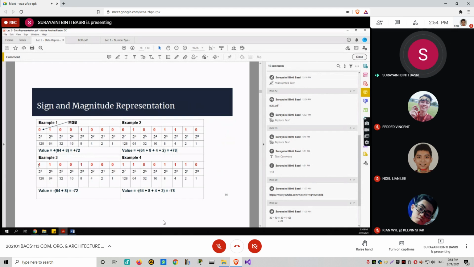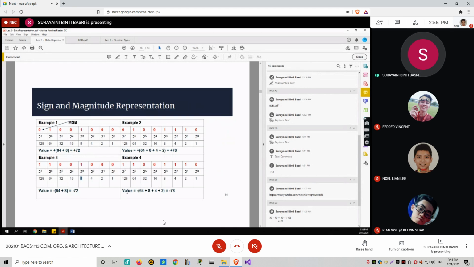But this is the example of the negative bits. So this example is a negative number. The first MSB is 1, so this is negative. So you will get negative 64 plus 8, because only 64 and 8 have the number here. So it will produce negative 72.